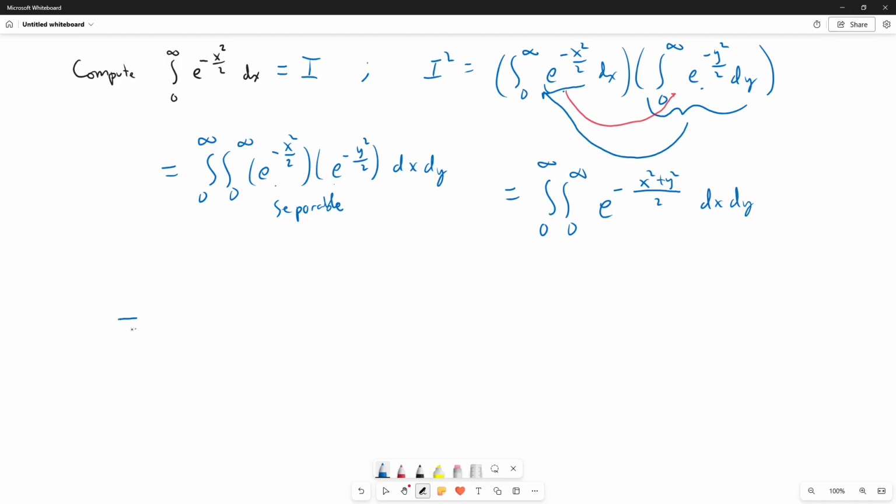So let's convert to polar coordinates. So we have e to the minus r squared over 2, and then dy dx or dx dy turns into r dr d theta.